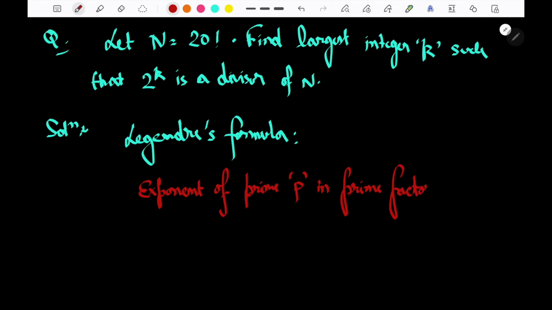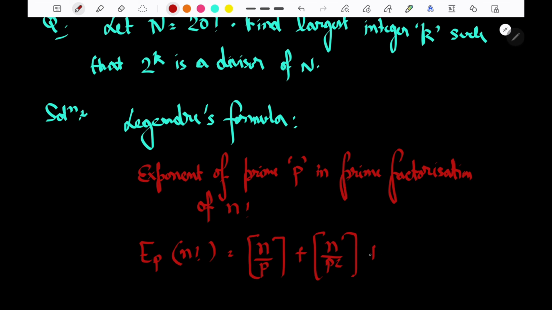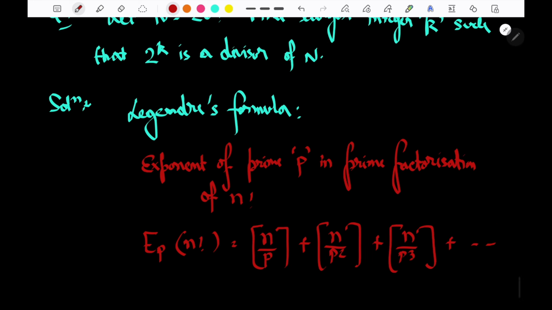Prime factorization of n factorial has a very simple formula, and it is given by: the exponent of prime p in n factorial is equal to n by p plus n by p square plus n by p cube plus it goes on.